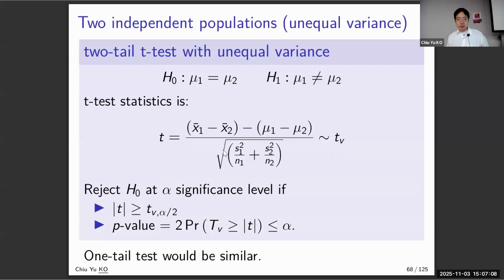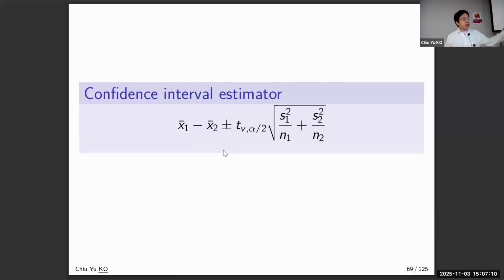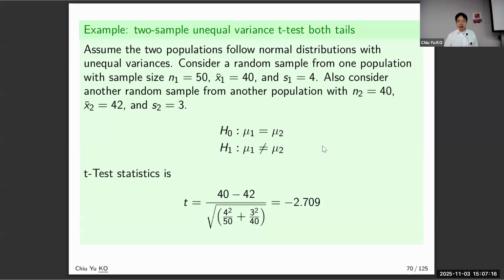So it will be the same thing here and the same thing here. There's nothing deep inside. So you see, I use the same question, same numbers here, but now I don't have the assumption that they're similar. Okay.